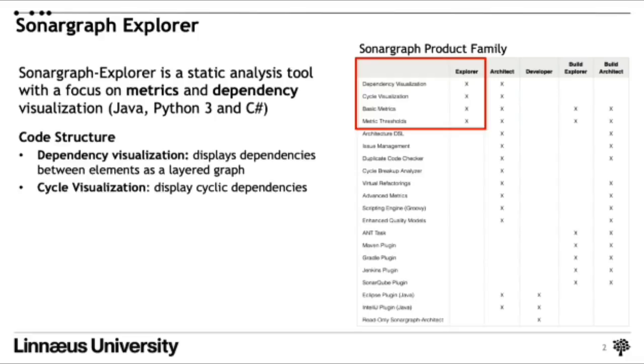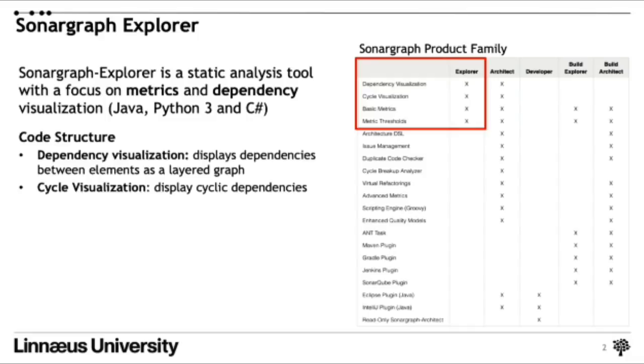Then we will discuss how to use this in this course, and it allows you also to visualize if you have any cyclic dependency within your code base. As we will discuss next lecture, cyclic dependencies are evil. Okay, it's something that we need to avoid. It's very important to avoid.